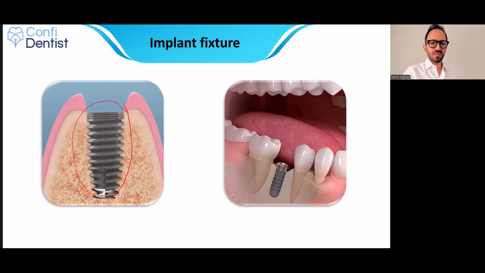We have two types of implant fixture. One is called bone level, in which the implant prosthetic platform is placed at the level of the bone or below the bone, or tissue level, in which the implant prosthetic platform is placed at the level of the soft tissue or gum.